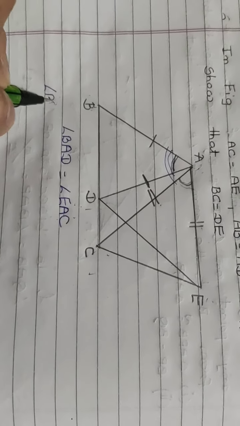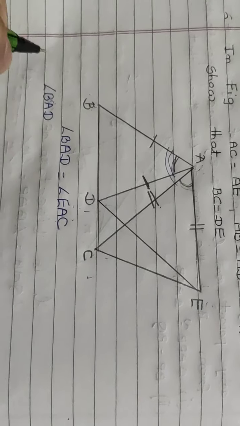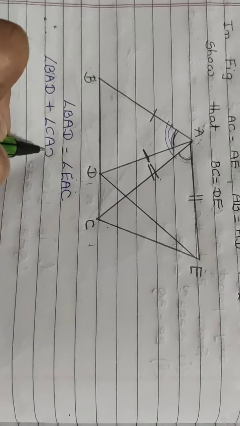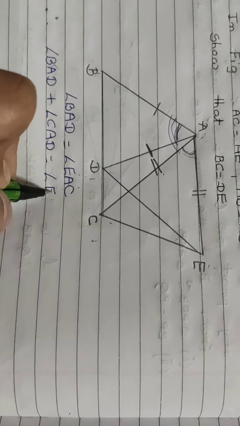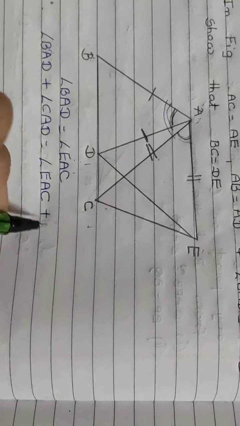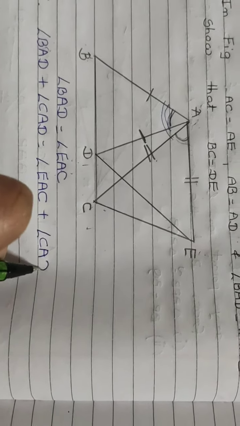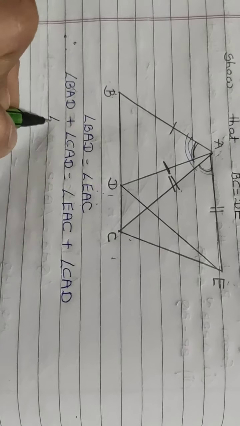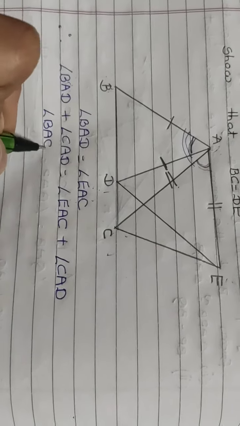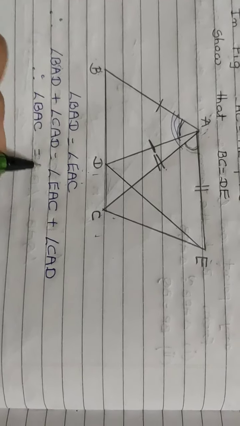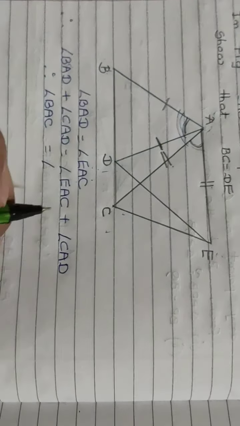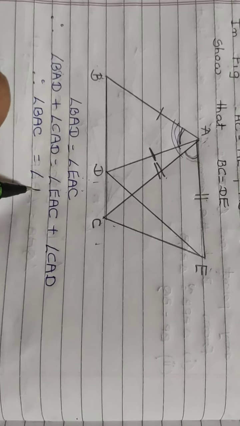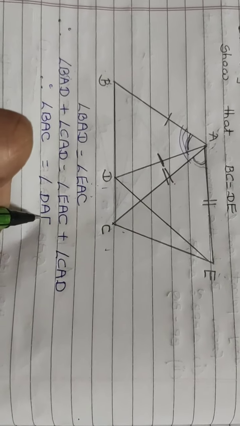That means BAD plus CAD will be equal to angle BAC, and that is equal to angle DAE, right?